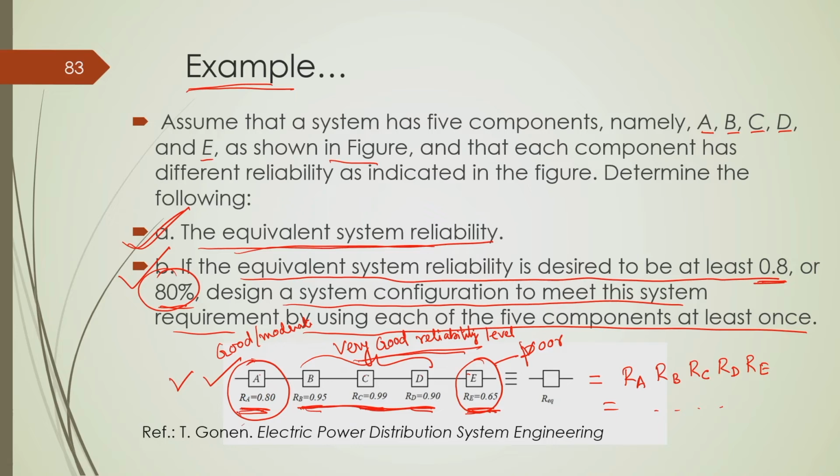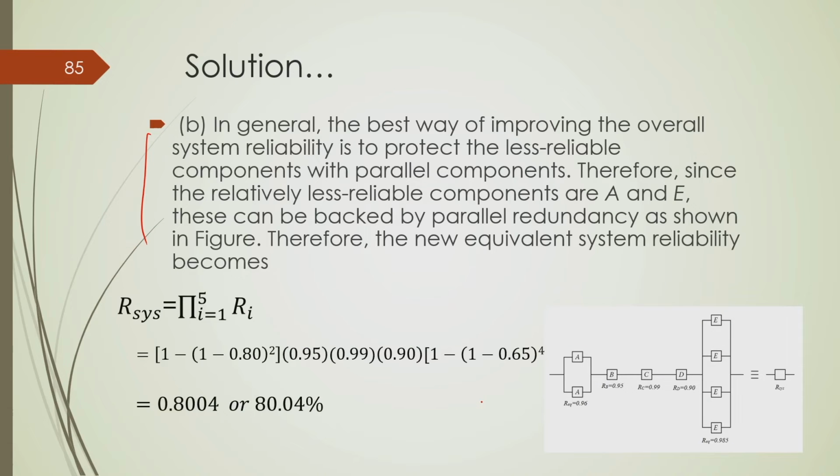But component A and component E, particularly component E, are more prone to faults. So what we need is some identical backup units connected in parallel, so that the overall composite reliability becomes high. That is exactly what is done here.